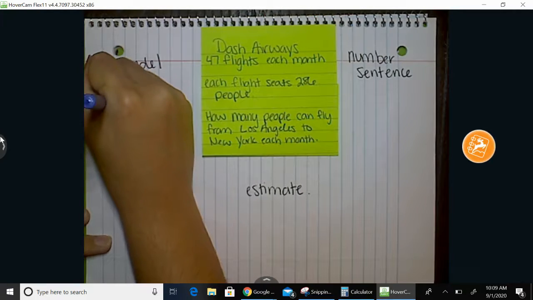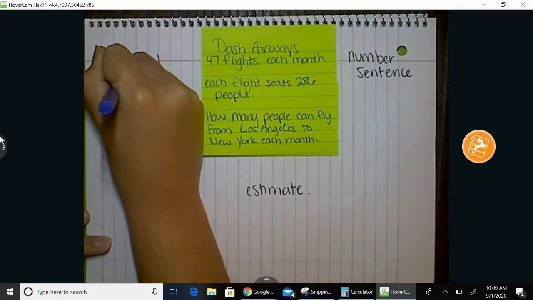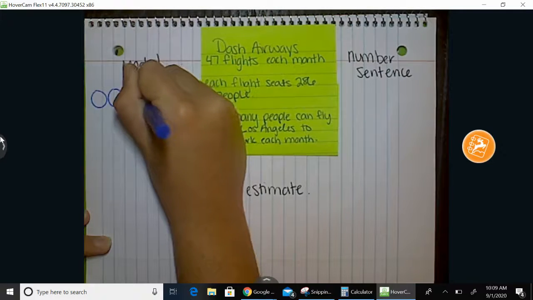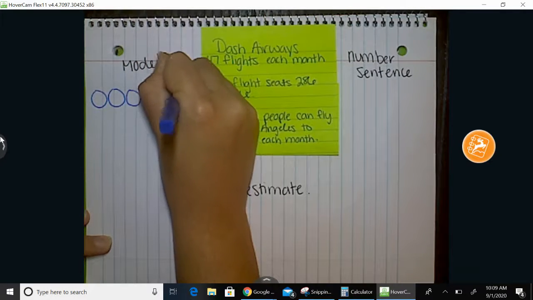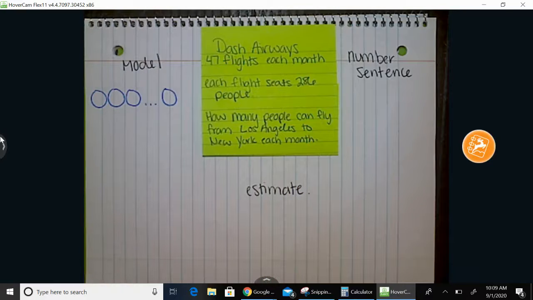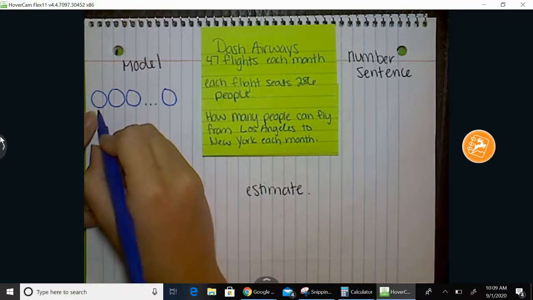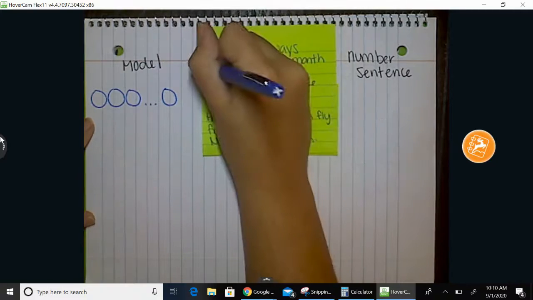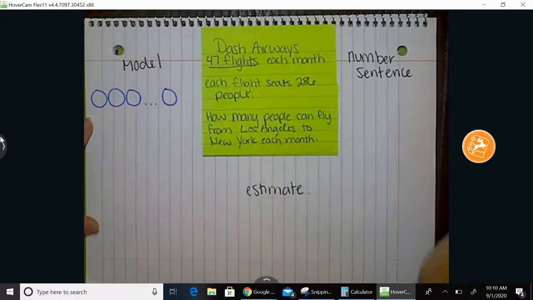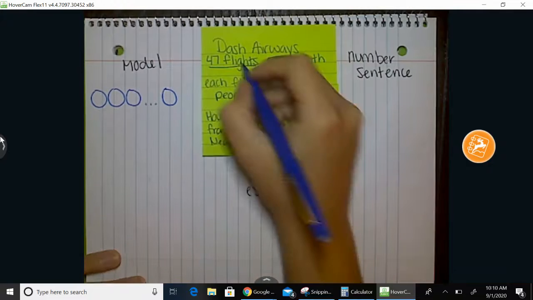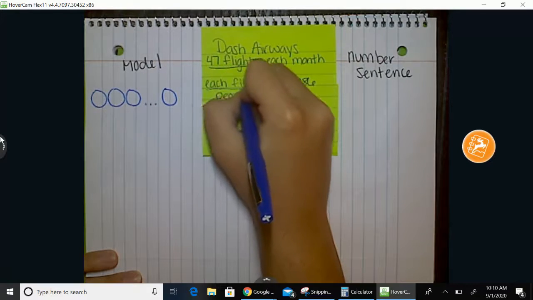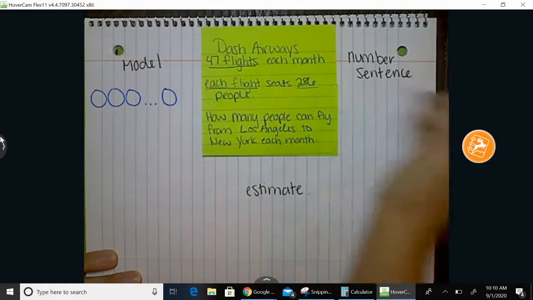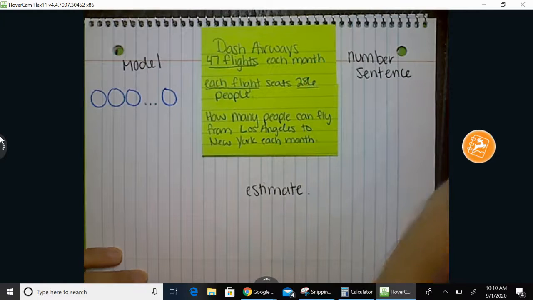So I know multiplication models look like this. Now I have to decide what does the circle represent? I know that there are 47 flights, and on each flight there are 286 people.